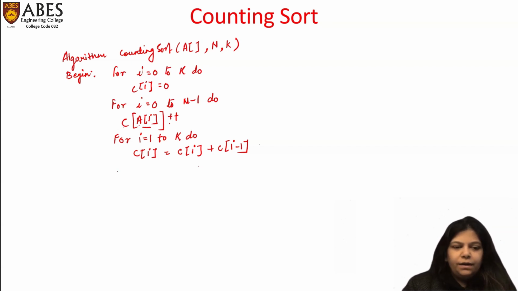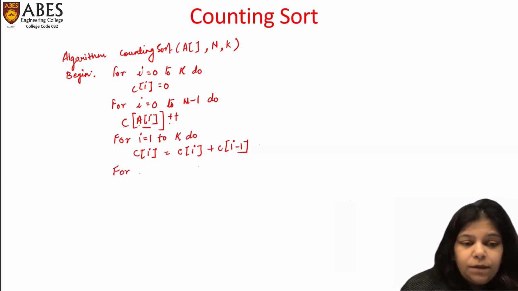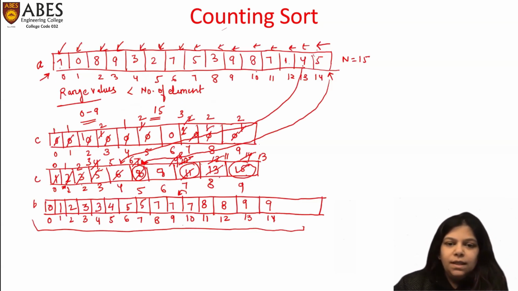Now, as we have created the counting array, the next task is to traverse the input array from the last element, right? And why do we traverse the input array from the last element? Because we wanted to keep the elements stable. As you can see, this 5, which is stored here, we have stored it at index 7 first.